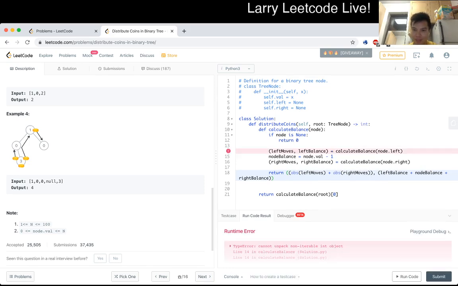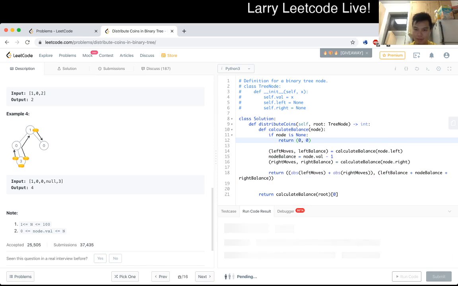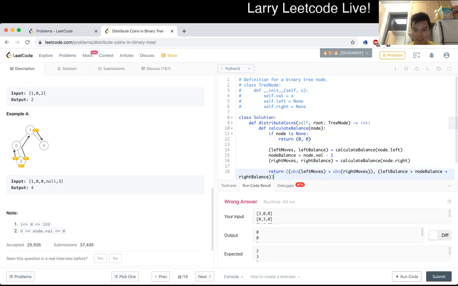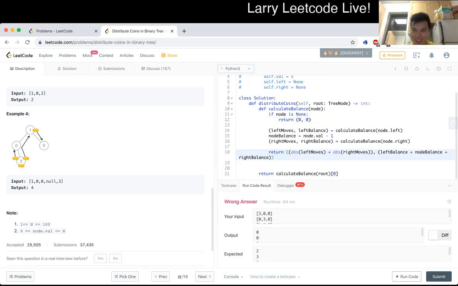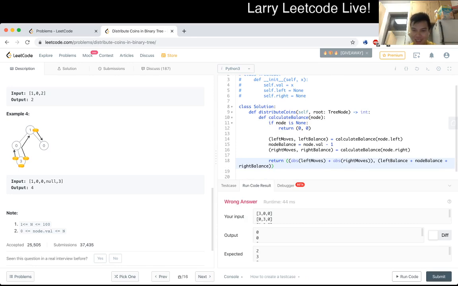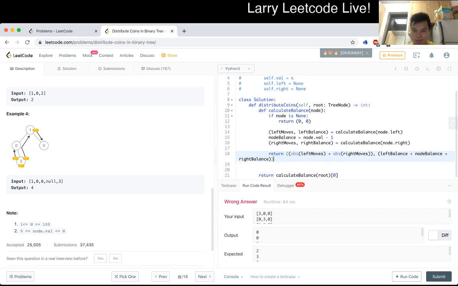Okay, oh, because I forgot to change the base case. Hmm. Oh no! Whoops! Did I not? I was wrong. Well, it's always 0 because I never added.